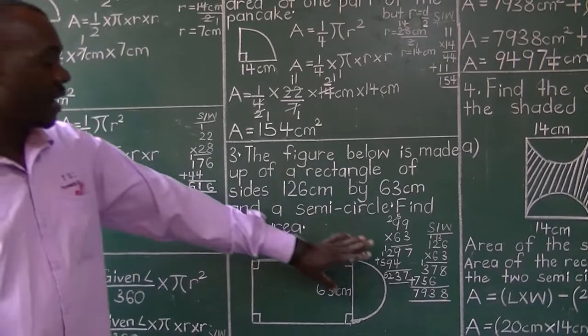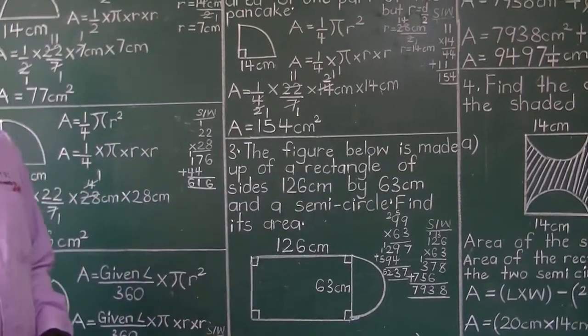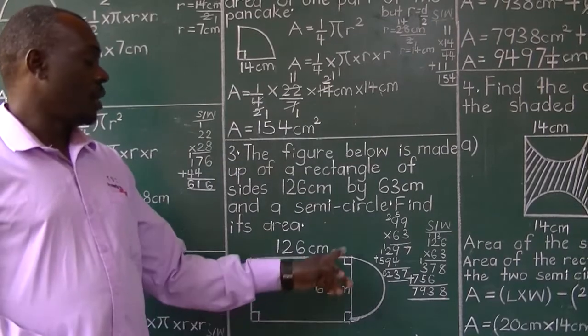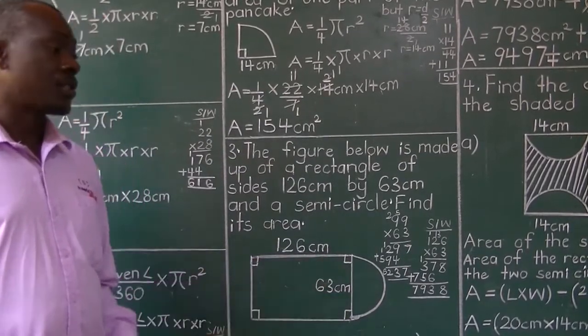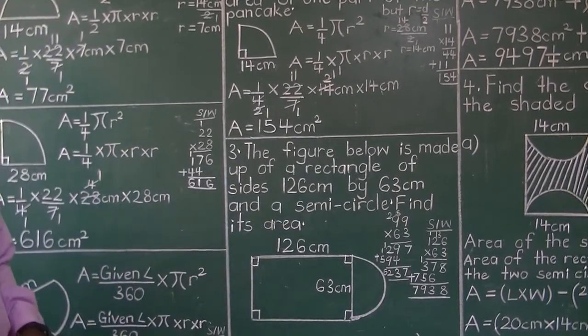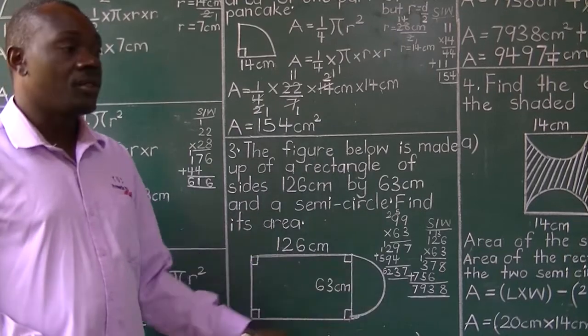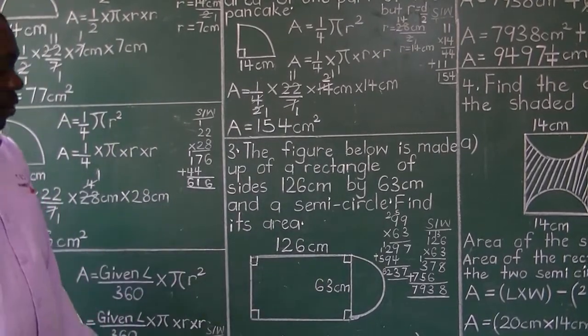So area of the figure equals area of the rectangle plus area of a semicircle. You must note that the flat surface of a semicircle is called the diameter. So 63 centimeters behaves as the diameter of that semicircle as well as the width of the rectangle.